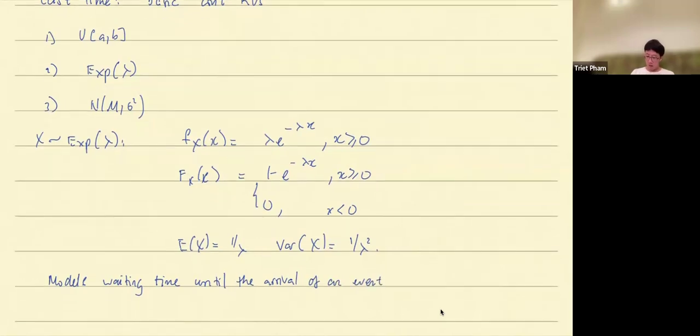It's custom built: you could say, I want to model the time to failure of, let's say, my laptop, as an exponential lambda.